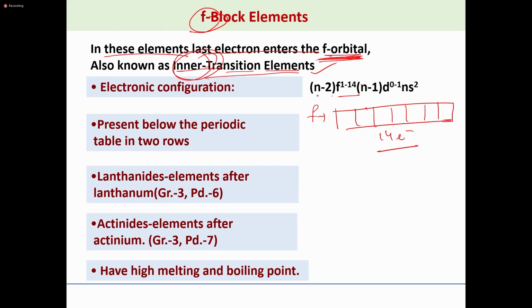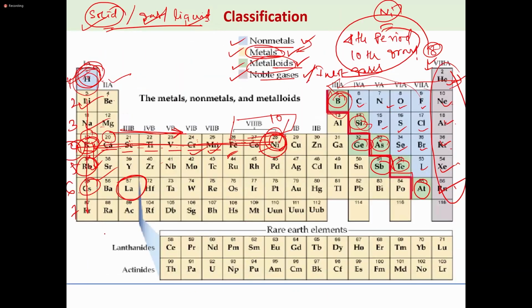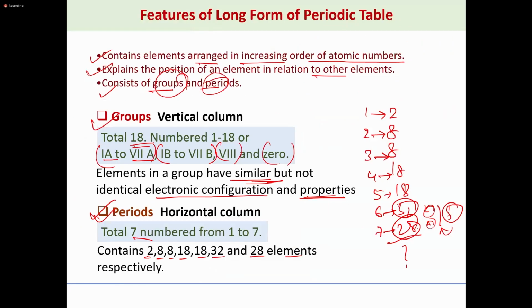The (n minus 1)d orbital will have 0 to 1 electron, and ns will always be filled, 6s2, always two electrons. You will have to remember this general electronic configuration. Present below the periodic table is the f block element, the lanthanides and the actinides.